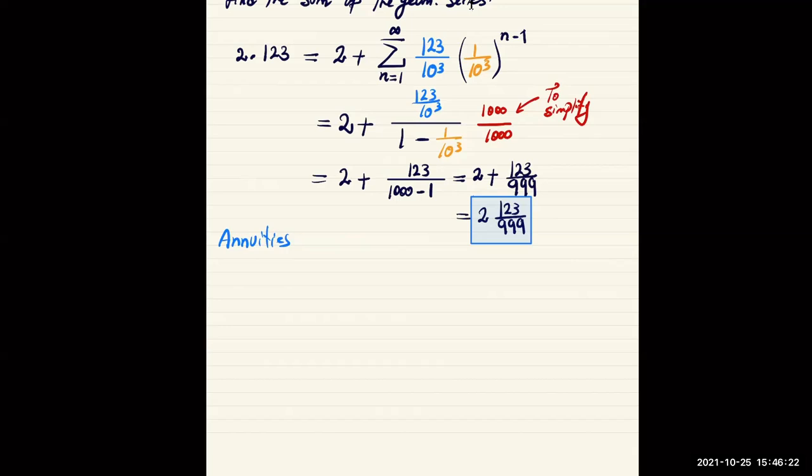If you want to find the future value of an annuity, you have to use a geometric series. You don't need to know this for Math 8. We don't do annuities or finances, but try to see how you can come up with the future value of an annuity by using a geometric series.